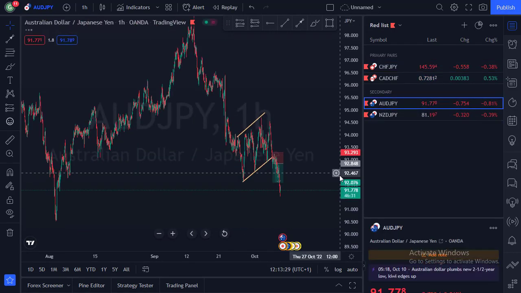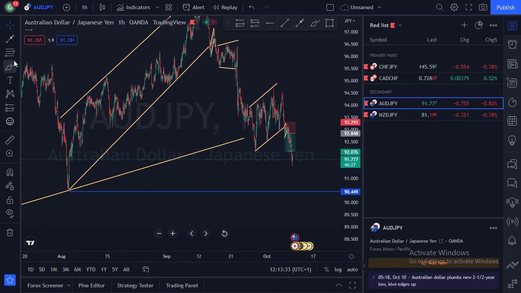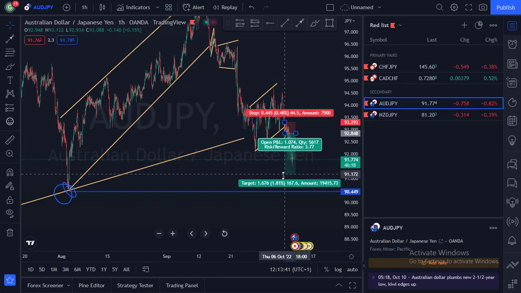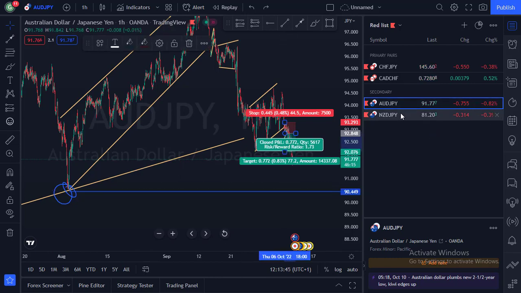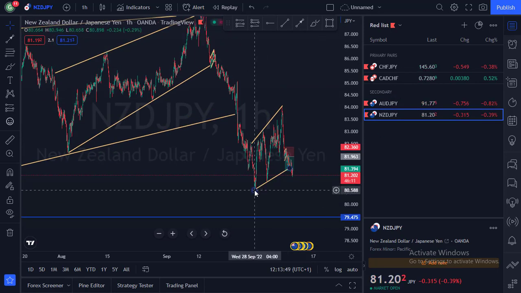I'll explain that quickly. On NZD JPY, this is a very important point that price could react on. If I pay attention to that point, price could give me 1:5 max. And for AUD JPY, this is also a very critical point.